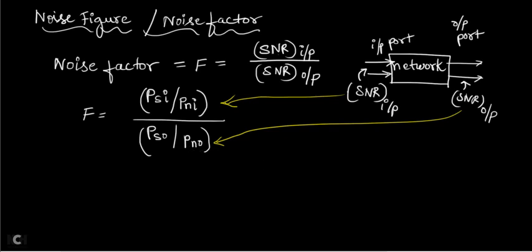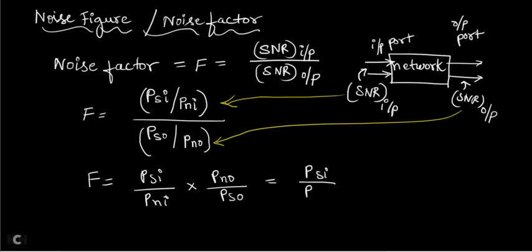Now you can simplify this. F is equal to PSI divided by PNI. When the denominator term goes to the numerator as a reciprocal, you get PNO divided by PSO. I can also write this as PSI divided by PSO times PNO divided by PNI.